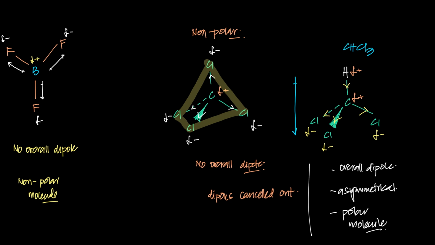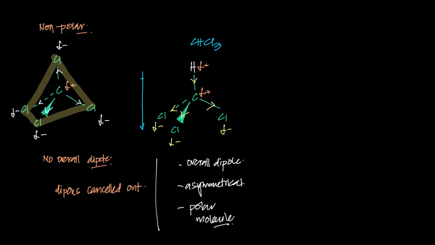Now, just to throw in a bit of a wrench, if somebody said, okay, what if instead of H, I had an F? So Cl, Cl, Cl are there, but now I have another electronegative element, F, which is in fact more electronegative than the 3 Cls.